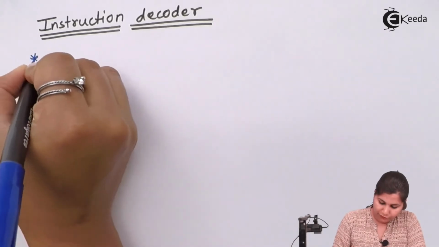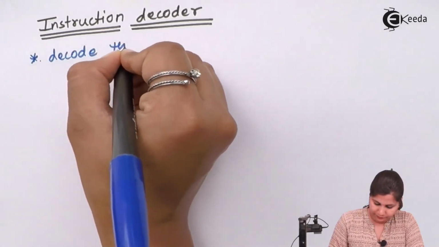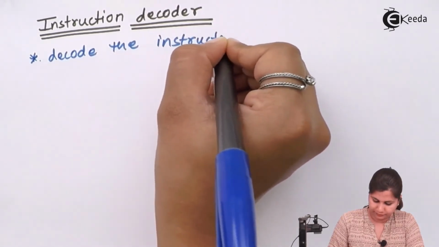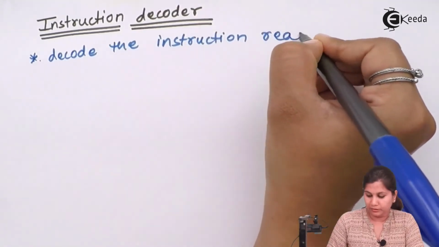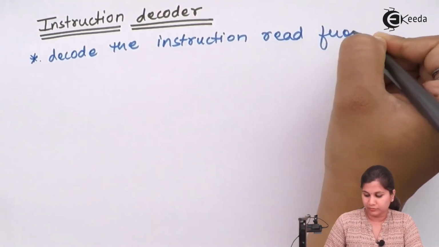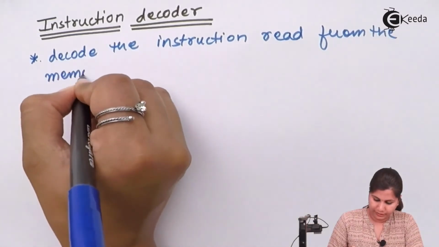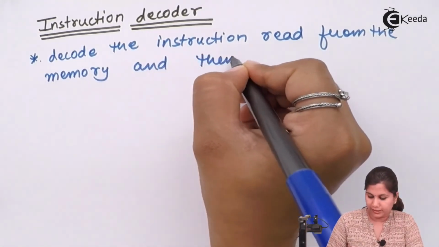So the main function of the instruction decoder is to decode the instruction read from the memory, and then the instruction is executed.